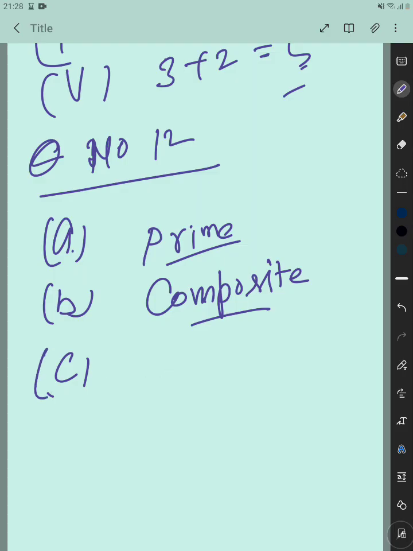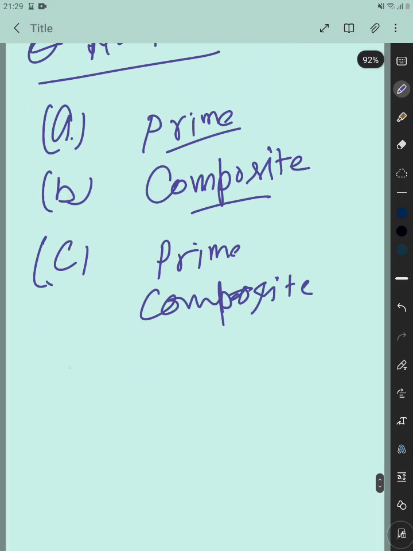In the blanks you can write first prime and then composite, or you can write composite first and later prime. There is no restriction.